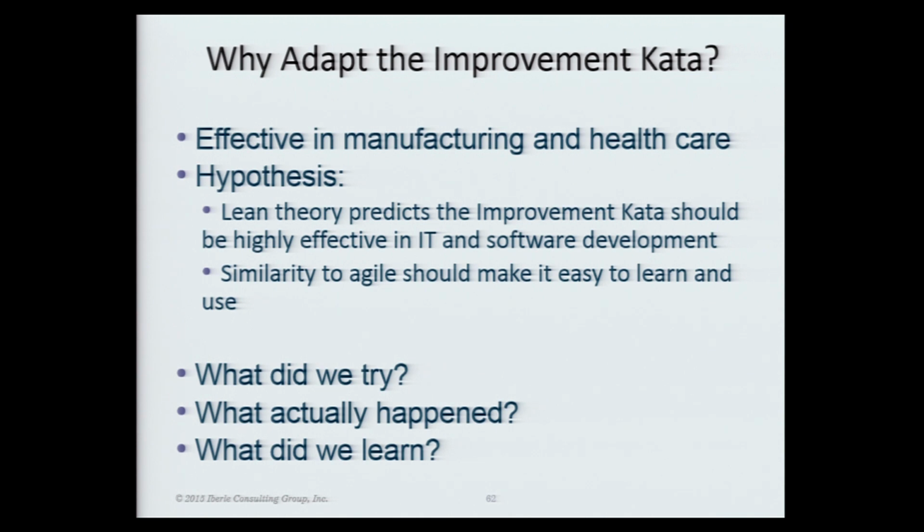He was the person who wanted to try the improvement kata, and the reason he thought it would be really effective is it was shown to be effective in manufacturing and healthcare already. And we're both working in lean. We both know that a lot of things that are effective in manufacturing and healthcare, if you understand why they're working, can be adapted to be useful in software.